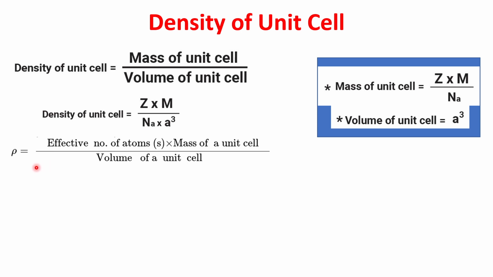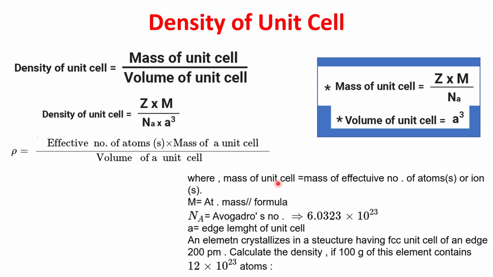So density of the unit cell is equal to the effective number of atoms, which is defined by Z, into mass of the unit cell M divided by the volume of the unit cell, where M is the atomic mass or formula mass of the effective number of atoms or ions. Na is the Avogadro number, which is 6.022 into 10 to the power 23. a is the edge length of the unit cell.